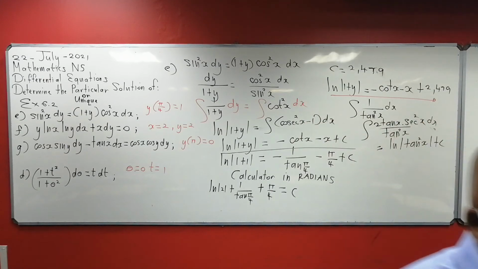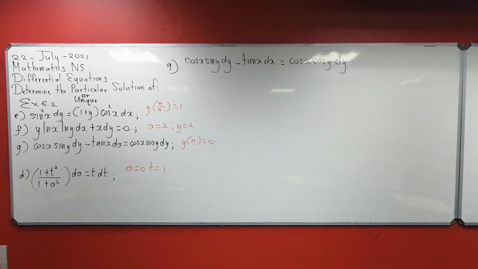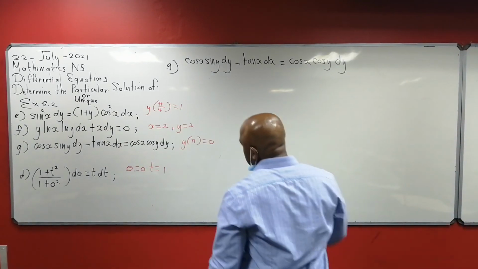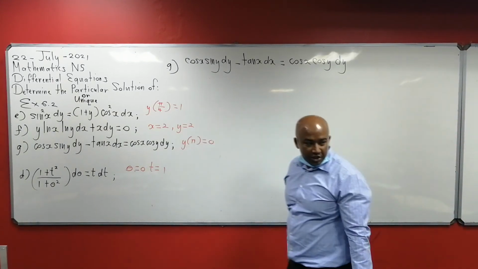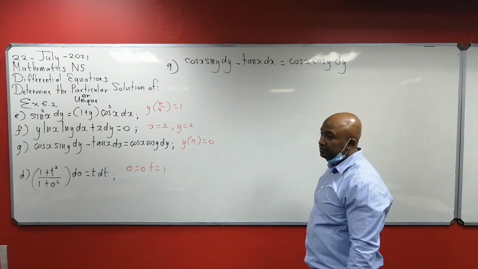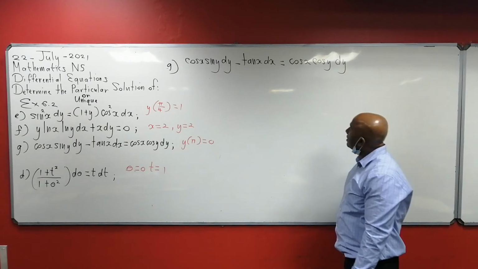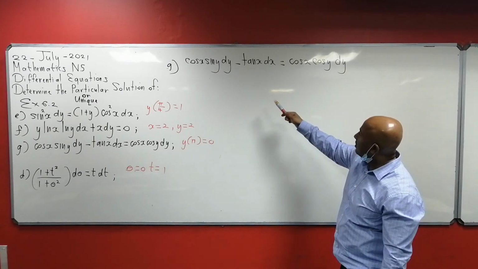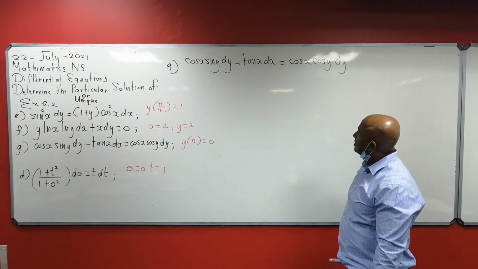Let's move on to the next example. Alright, so we're going to go straight for example G. Now here, we got dy here, and we got dy there. What can we do?